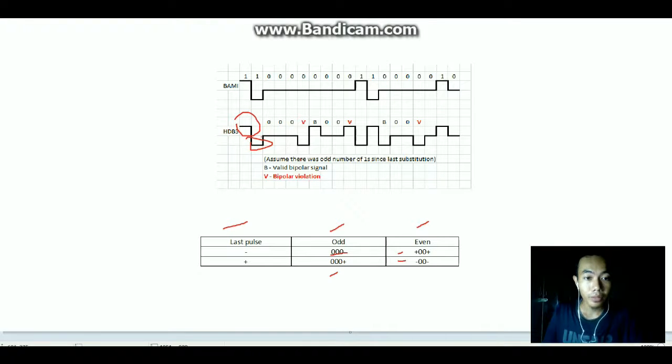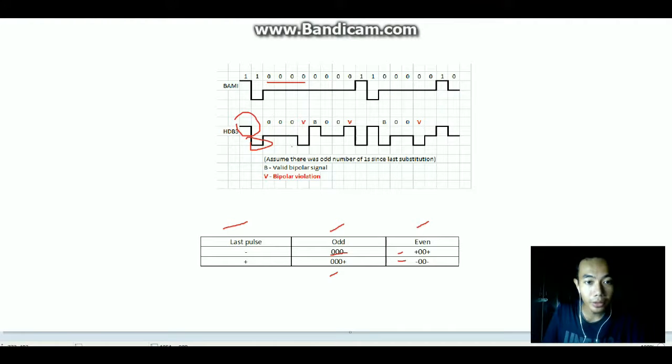Then for the second one, it is at the negative level. So for those zeros here, we look at the table: the negative, then we use the odd part, meaning 0, 0, 0 and negative.